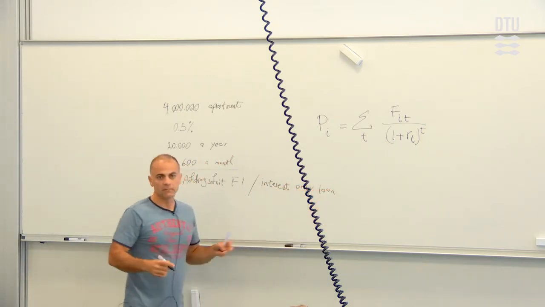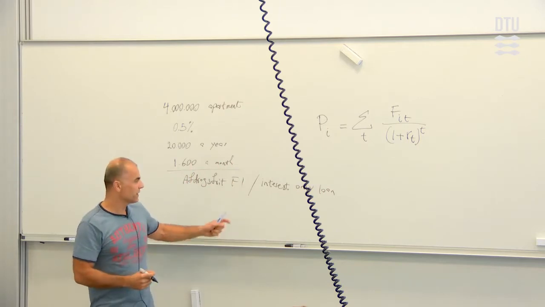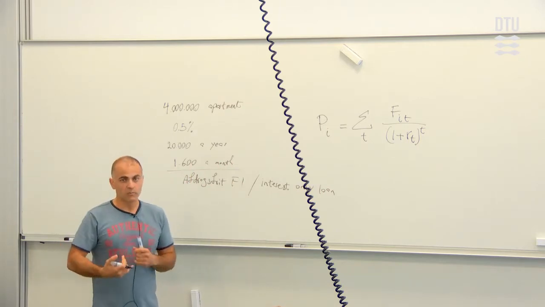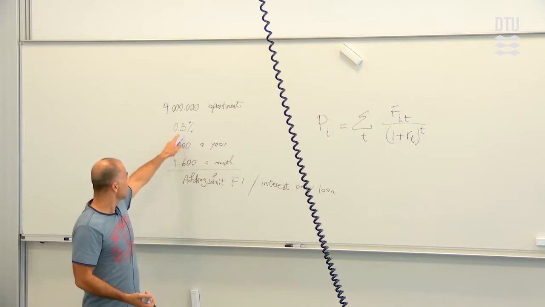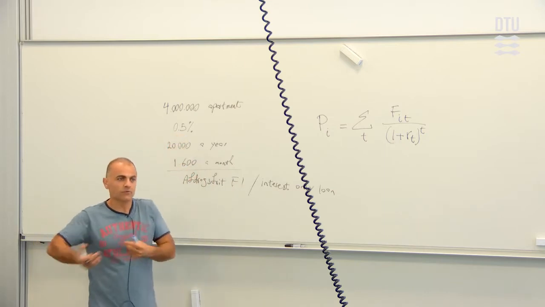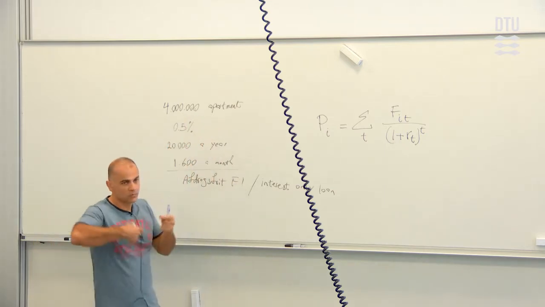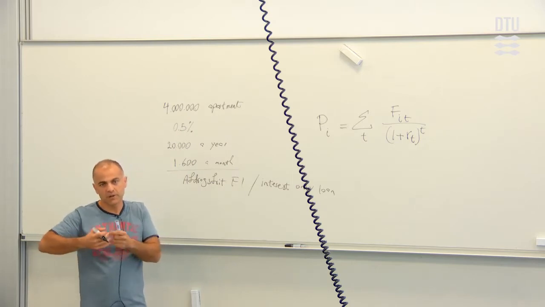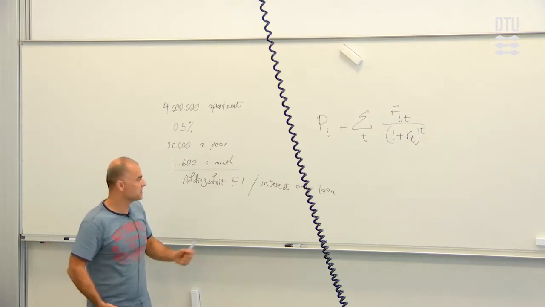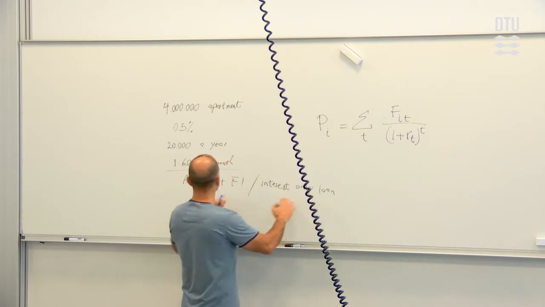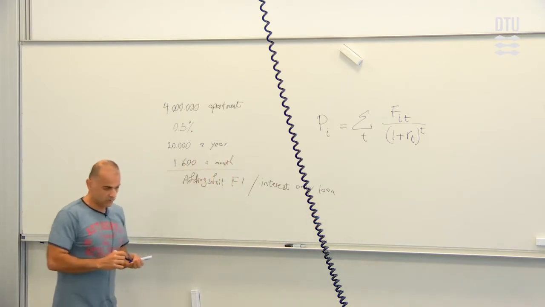You remember last week we talked about annuities, where on your mortgage you paid the interest payments, which is this 0.5%, but on top of it, you also have to pay back a bit of the 4 million you borrowed. That would be the principal payments. But if you take an interest-only loan, that's the level that you pay.